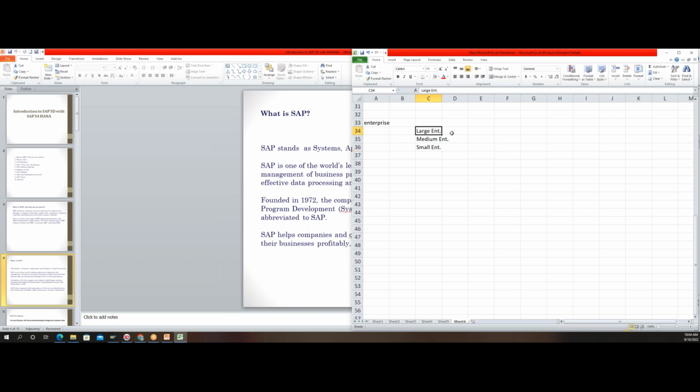So, what is a large enterprise? A large enterprise is an enterprise which has a huge volume of business. Say, for example, if some business is going beyond 1000 crores, I consider it as a large enterprise. They have a huge business.